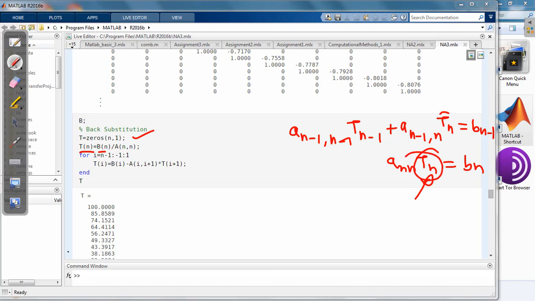So you just put the value of Tn here and you will find out what is T(n-1). In this way, if you know the last value, then using that you can find out the previous value. So that has been done.